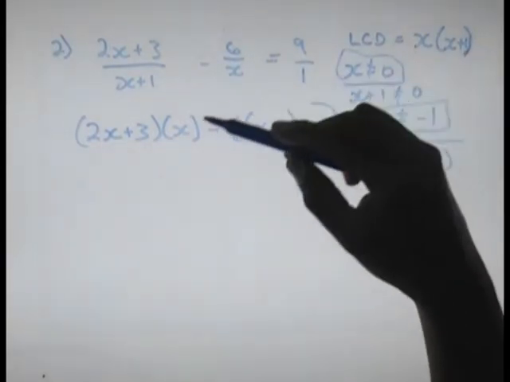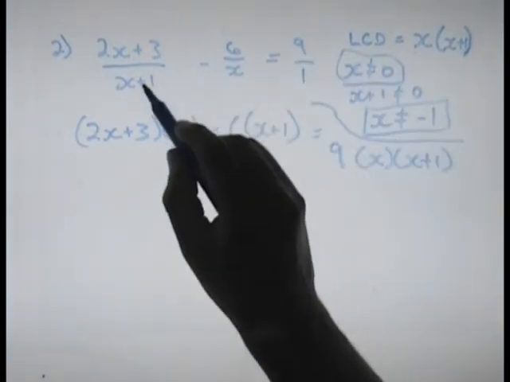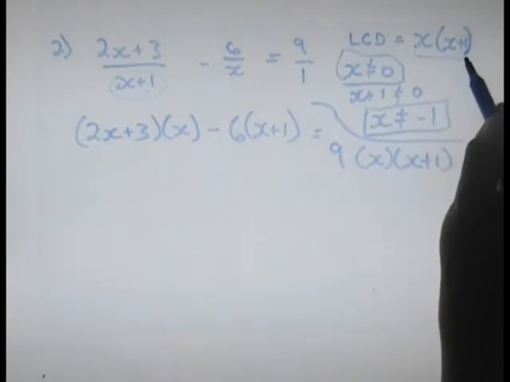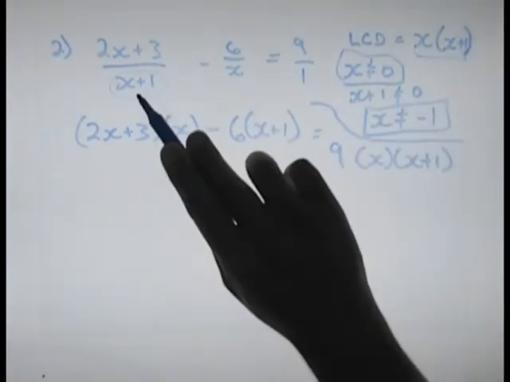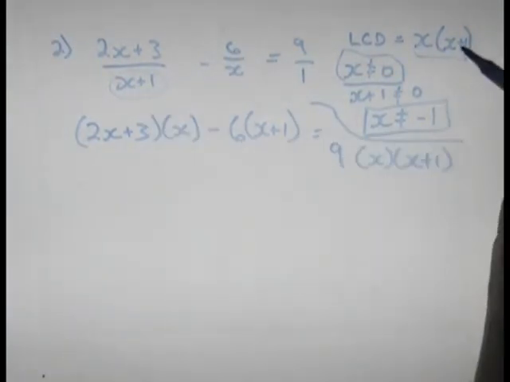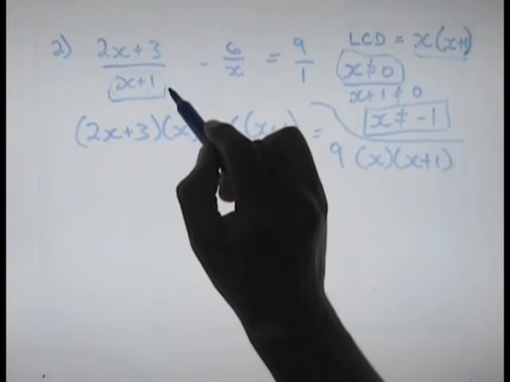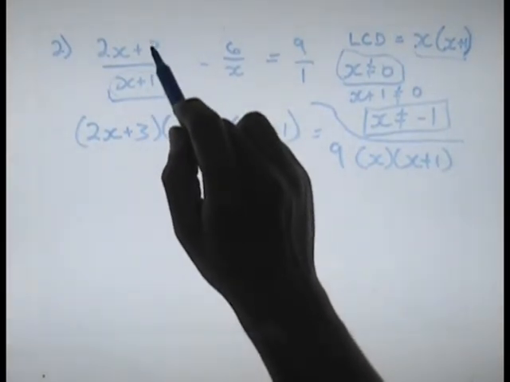What I did here, I did this very fast compared to the previous example. I looked at my denominator and I looked at my LCD. I also looked at what is lacking from my denominator as it stands to make it the LCD. What do I need to multiply this by? What I do to the bottom, I do to the top.